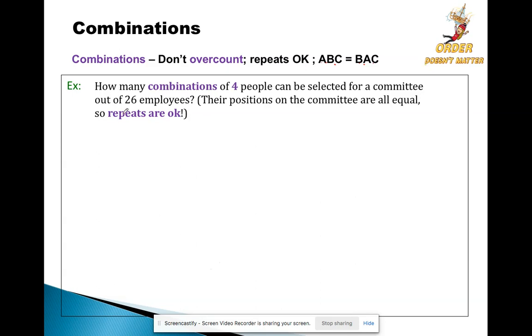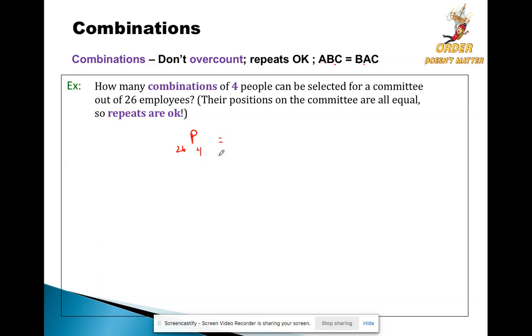So how many combinations of 4 people can be selected for a committee out of 26? Think back to the previous video when I wanted to choose a president, vice president, and secretary for the drama club. Once I chose the president, that person couldn't be vice president. Now, I have 4 slots. We know what that means: I have 26 choices, but I only have 4 slots.